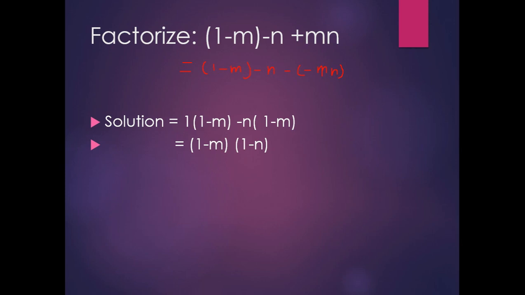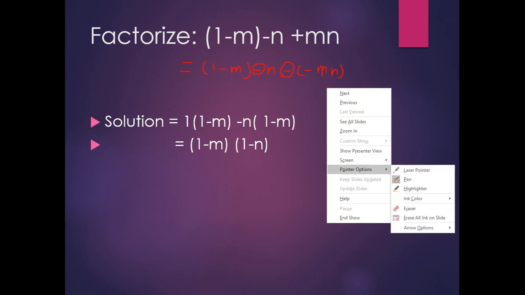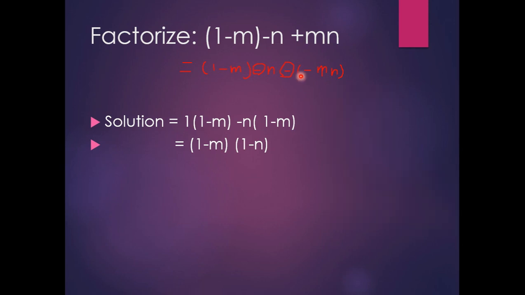So from this we have this minus and this outside minus, that is minus n is common. n is here and also n is here, so that is common. We have this minus, here is nothing means 1, and this minus is common. So after you take n common, 1 is here, and after you have taken out minus, this minus will be here, and n has already been taken out, so m is here.